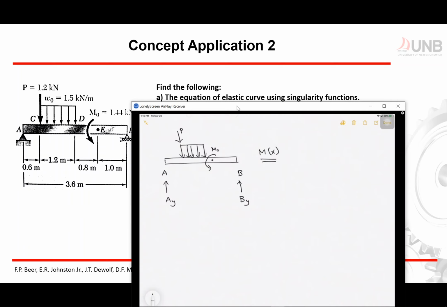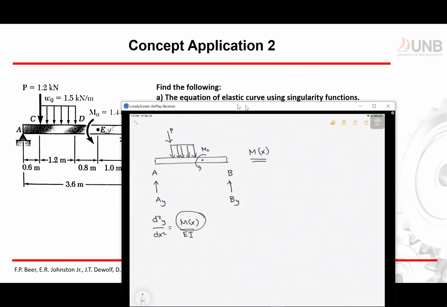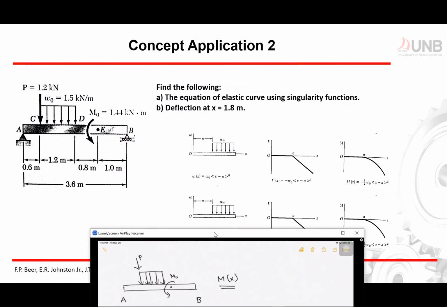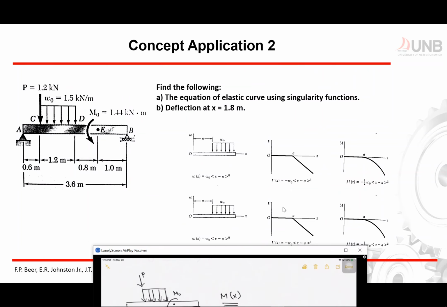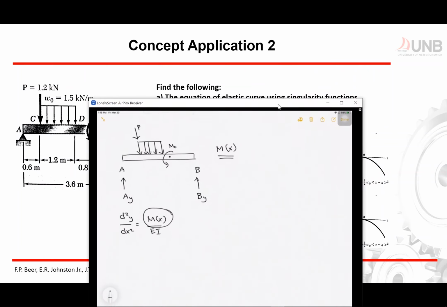So again, going back to that equation, d squared y over dx squared is equal to M as a function of x over EI. So I would like to get M in terms of x. And how can I do that in terms of singularity function? I can look in the table right here, and then I will have a specific form of my singularity function.